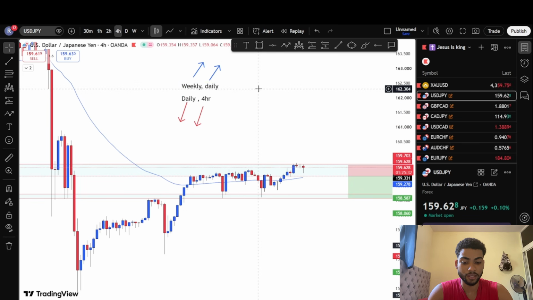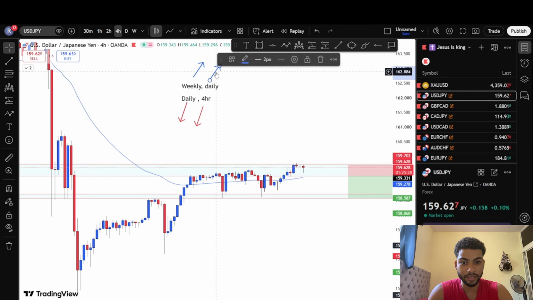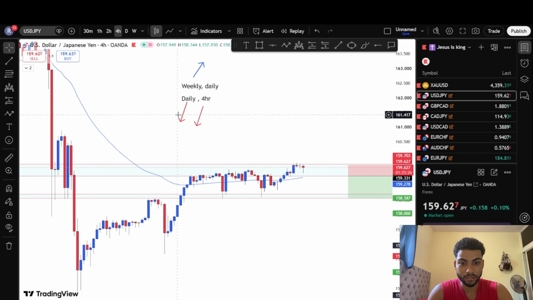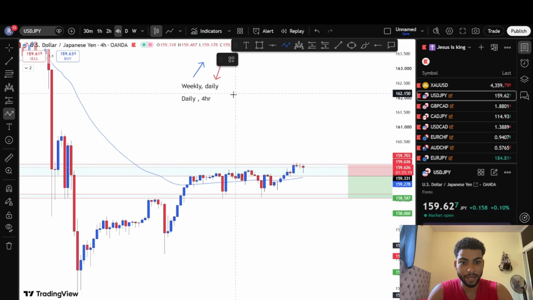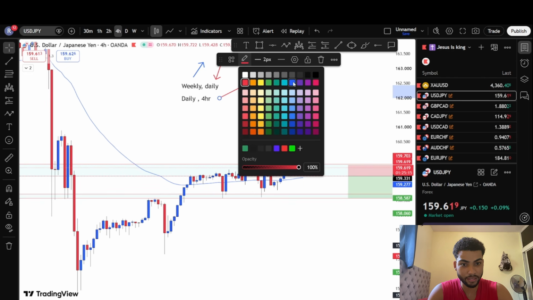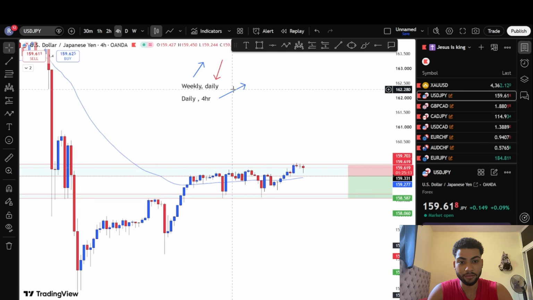If I have, for example, the weekly bullish, the daily bearish, and then the 4-hour bullish, I no longer have 2 consecutive time frames in sync, because 2 consecutive time frames in sync is either the weekly and then the daily, or the daily and then the 4-hour.